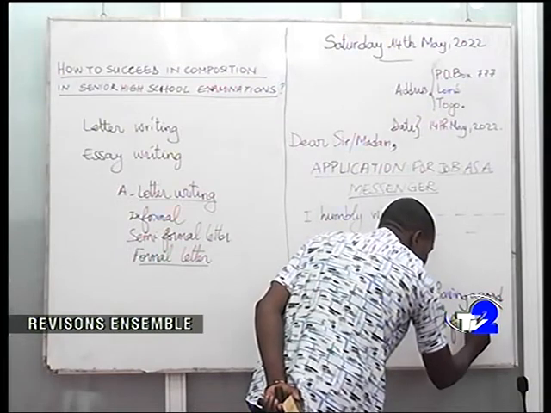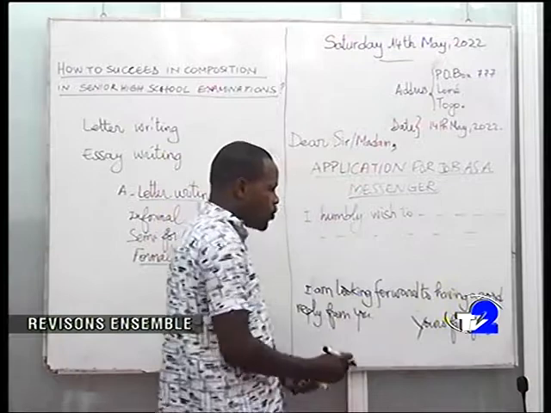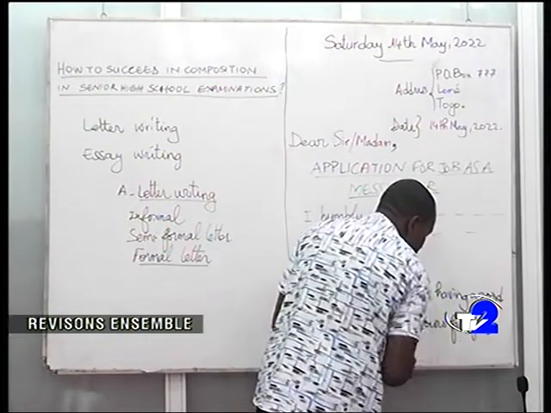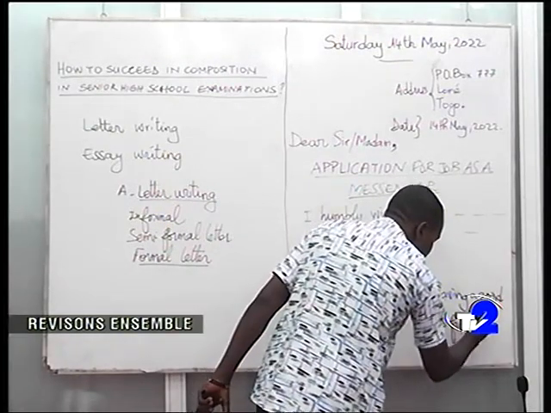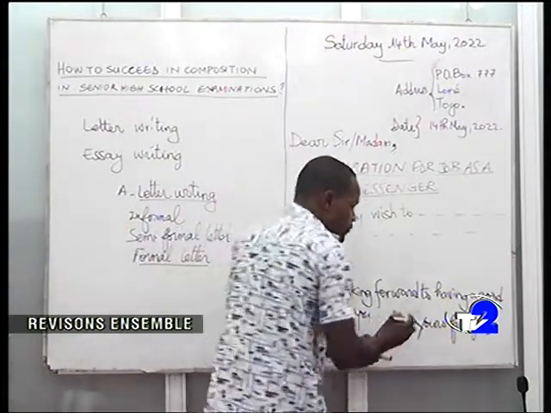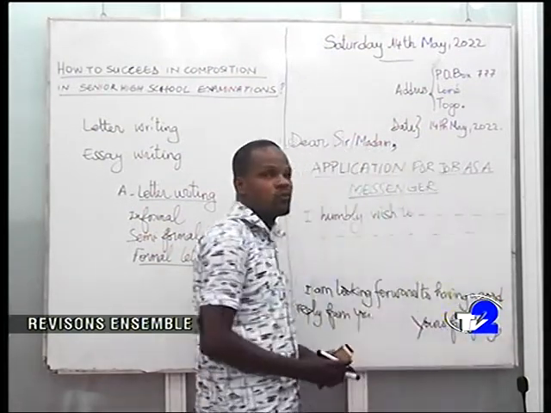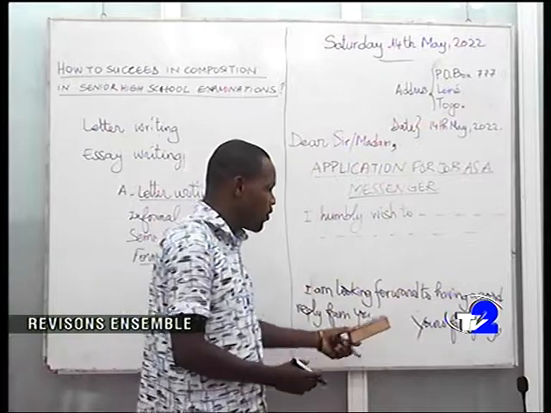Yours faithfully is always at the end. You place a comma. Yours faithfully. Faithfully, F-A-I-T-H-F-U-L-L-Y. So you must end up your letter with faithfully. That is the way you have to finish your letter.